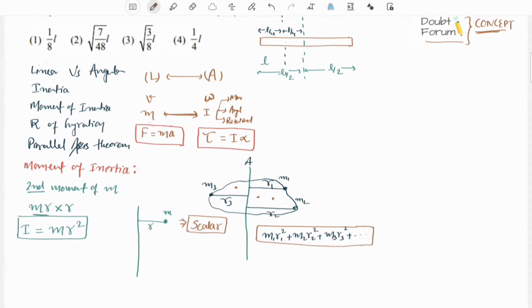Next concept is radius of gyration. Radius of gyration is an imaginary concept, an imaginary distance. So for this body, this is the moment of inertia.